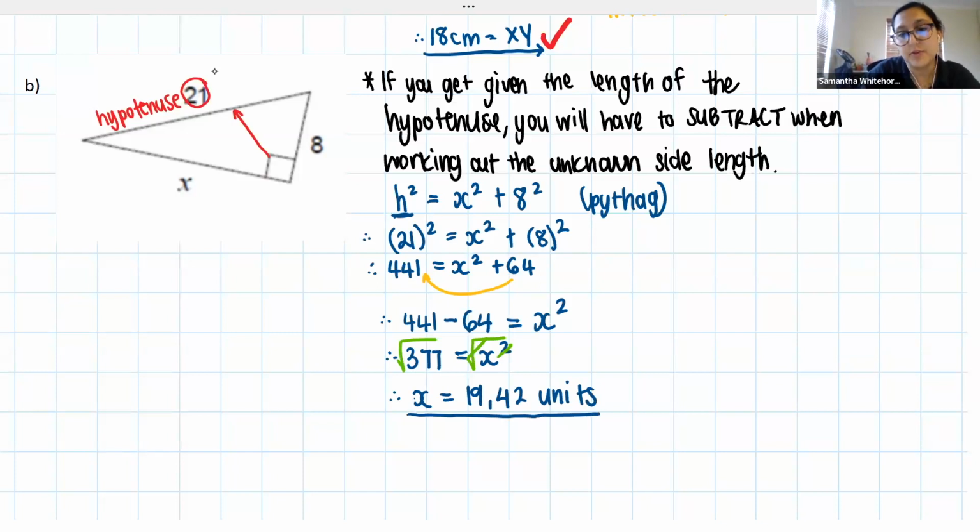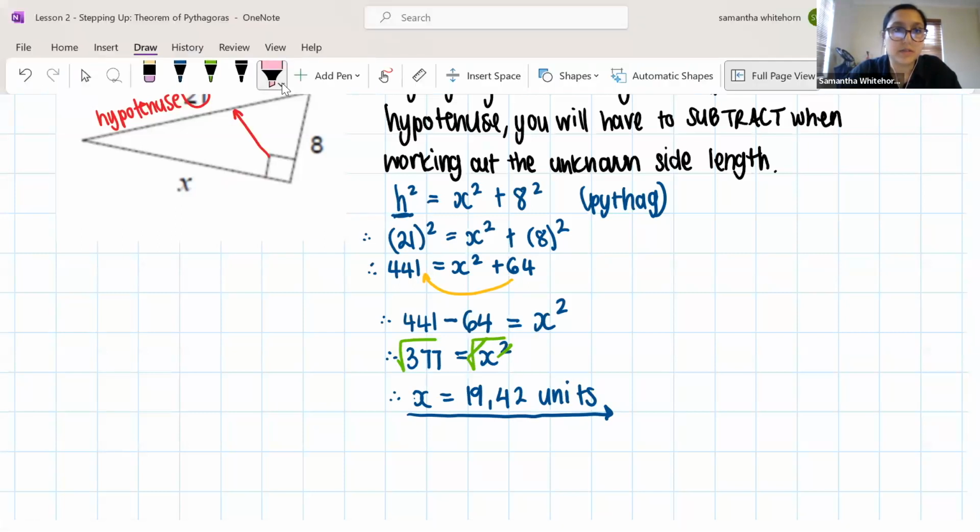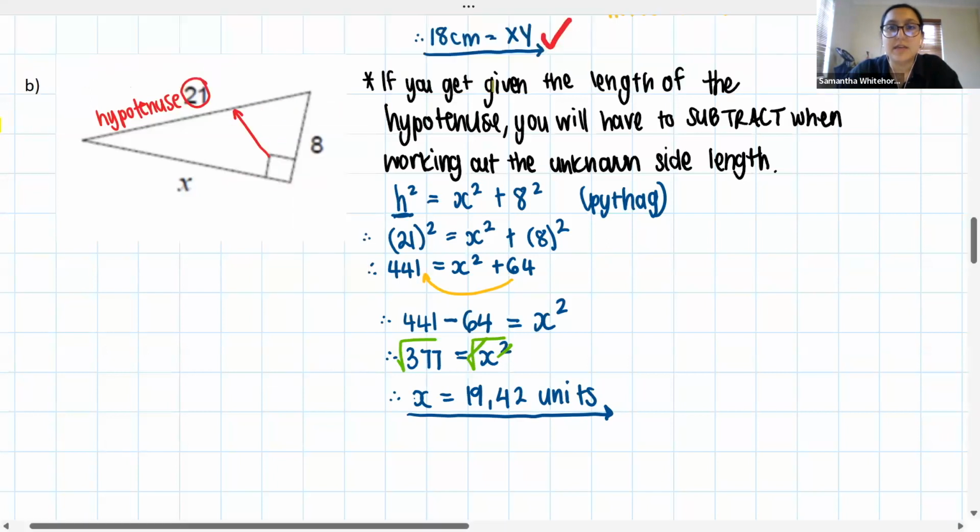It's perfectly fine to get decimal answers. There's nothing wrong with that. It happens in Pythagoras. Again, I really need everyone to open their ears and listen here. If you are given the hypotenuse, you will have to subtract to work out your unknown side length. If you're looking for the hypotenuse, then we just add.